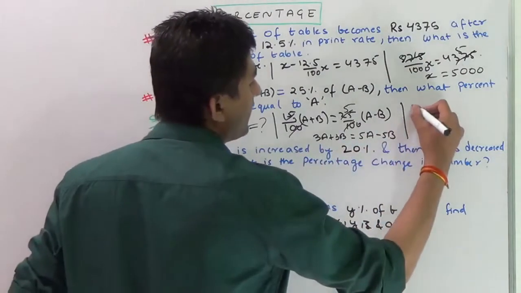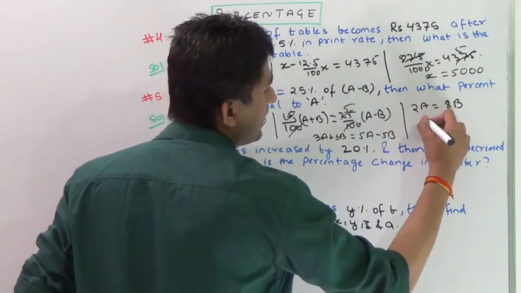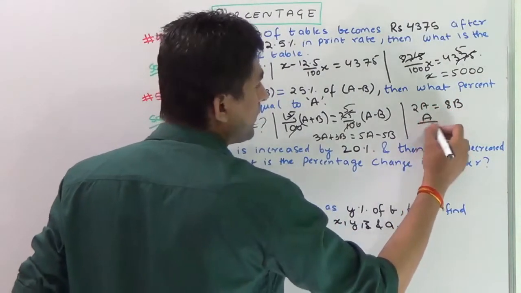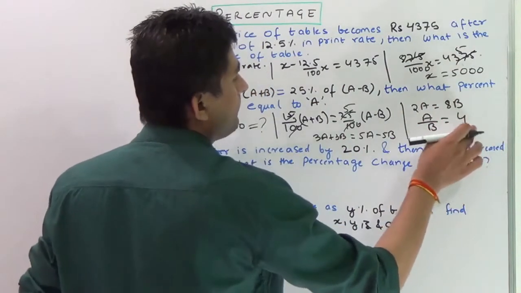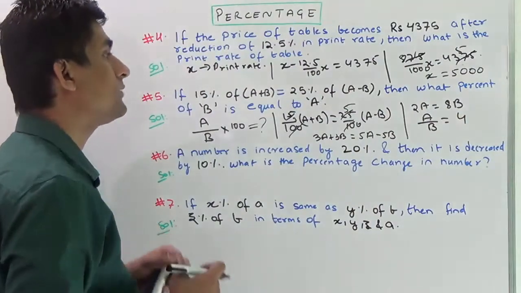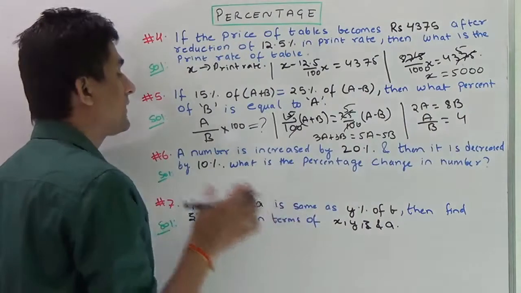If I solve it, it will be 2a is equal to 8b, and I can say a upon b is equal to 4.